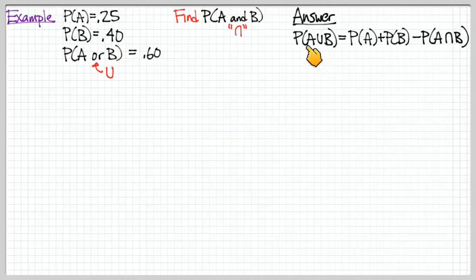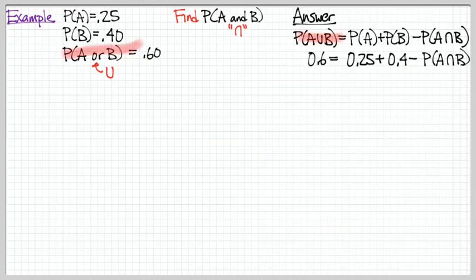To do that, we write out this equation. That was the thing from the previous page. And then we can just replace. This part here is 0.6. Probability of A right here is 0.25. And then the probability of B would be 0.4.